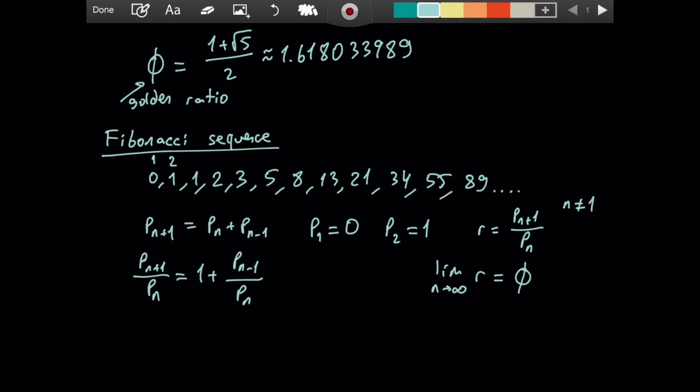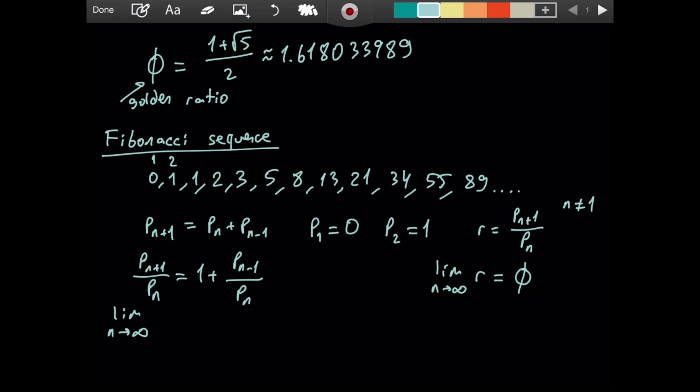Now, the argument here is very nice, I think. The thing is, if we are interested in the limit as n approaches infinity, the step that we're about to take is valid for that case.